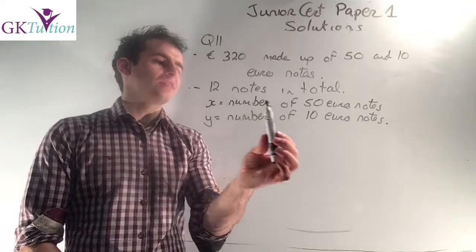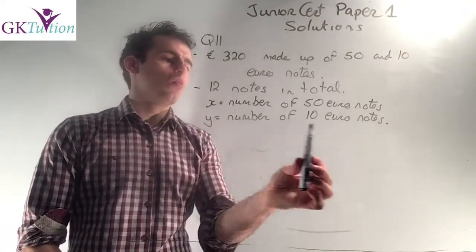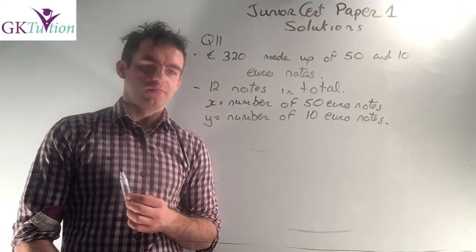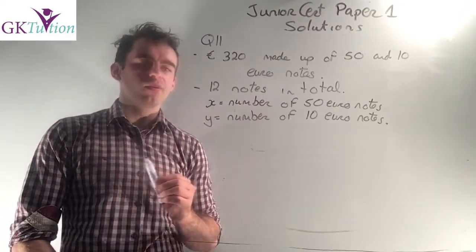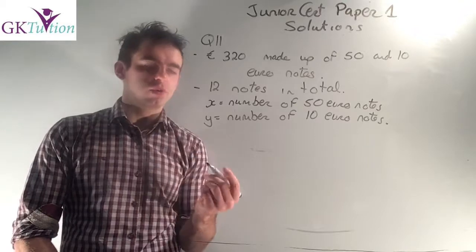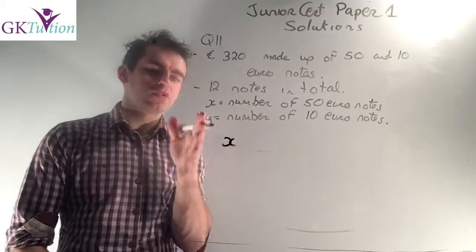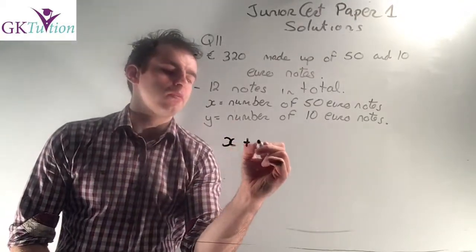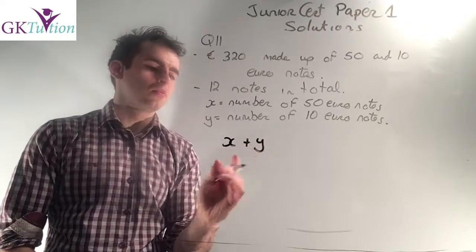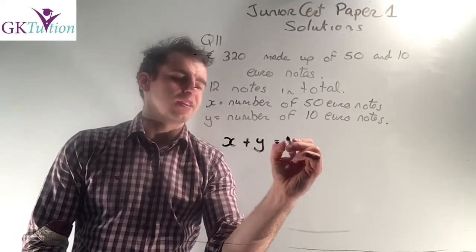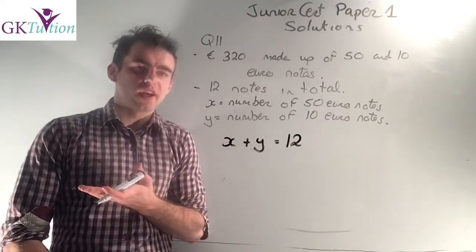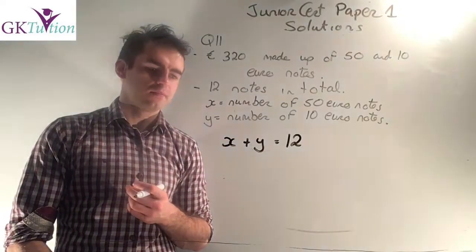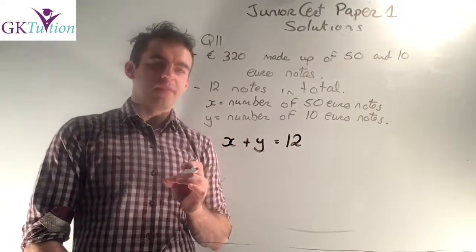They've told you that x is the number of €50 notes and that y is the number of €10 notes, and there's 12 notes in total. So the number of €50 notes plus the number of €10 notes has to add up to the total number of notes, which is 12. So your first equation is just x plus y equals 12. So you get your first set of marks for that.